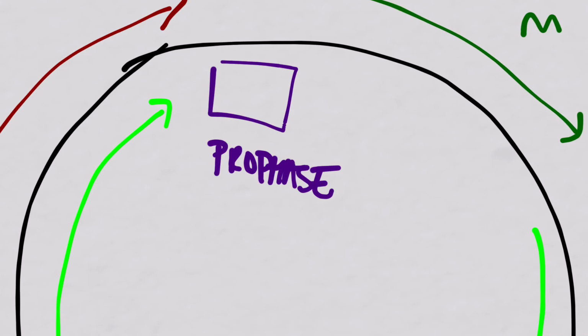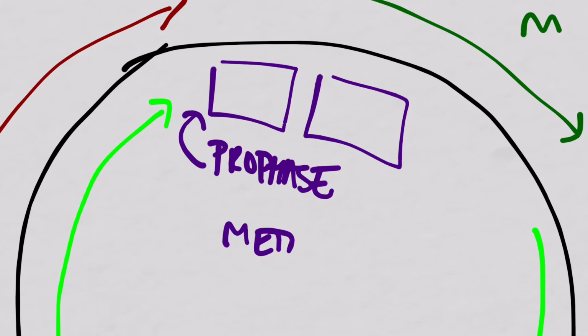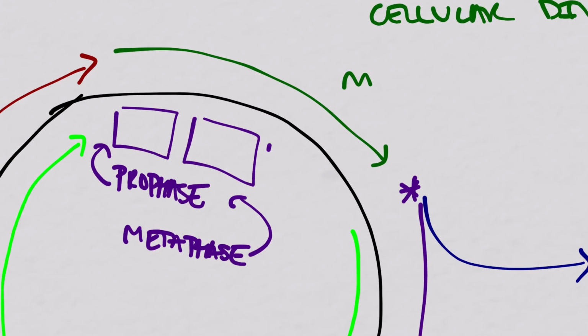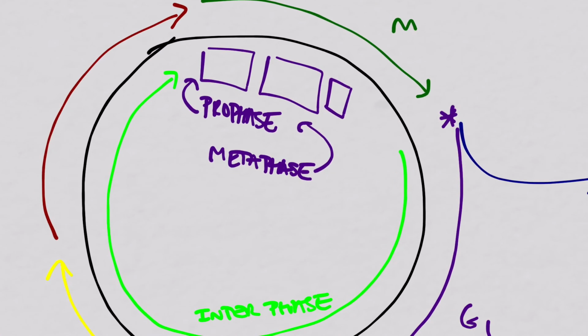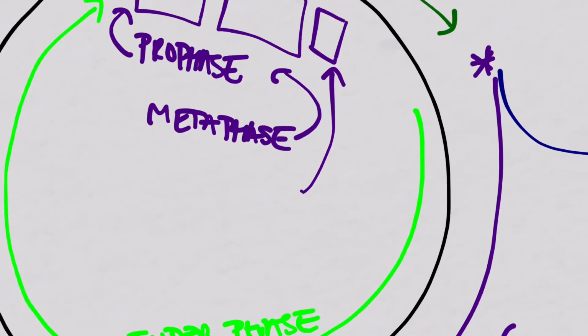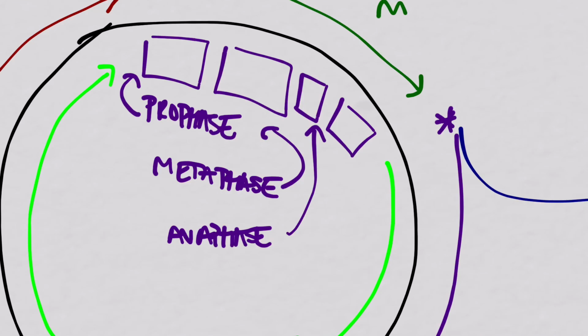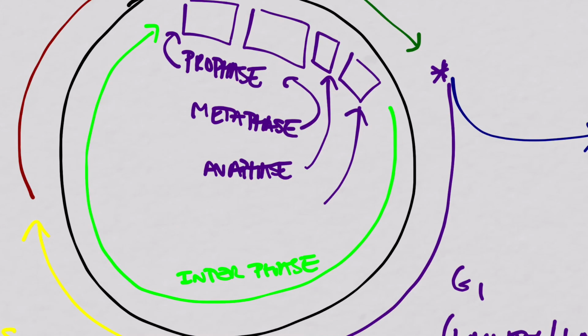The second part is called metaphase. The third part of the M phase is called anaphase. And the last little bit is telophase and cytokinesis.